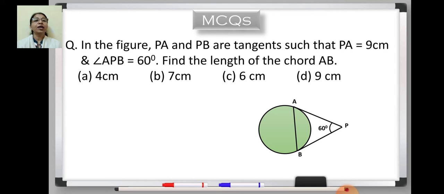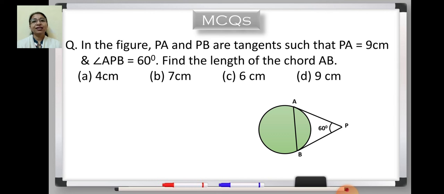PA and PB are the tangents drawn from the exterior point to the circle, and according to the theorem, they both are equal. So PA is equal to PB is equal to 9 cm. So this triangle is an isosceles triangle because two sides are equal. One angle is given, 60 degrees. So the sum of the other two angles will be 180 minus 60, that is 120.